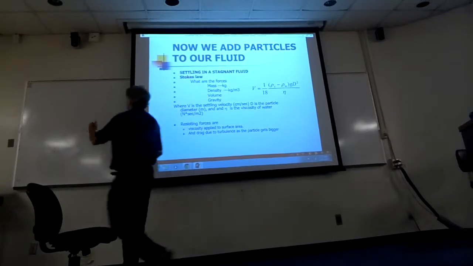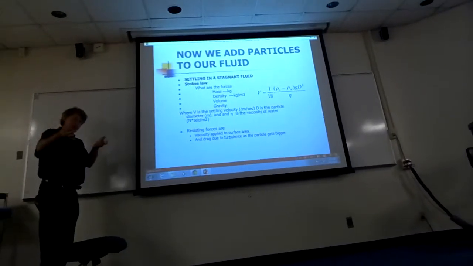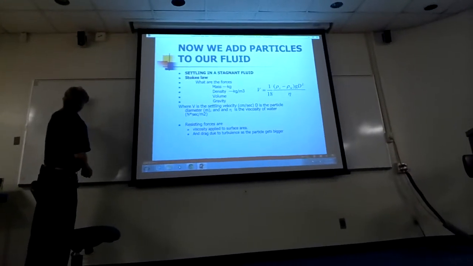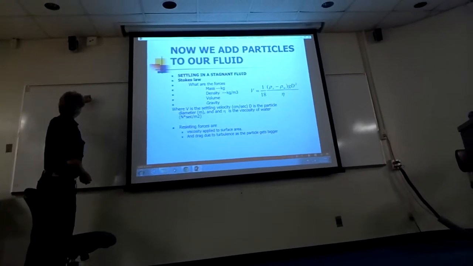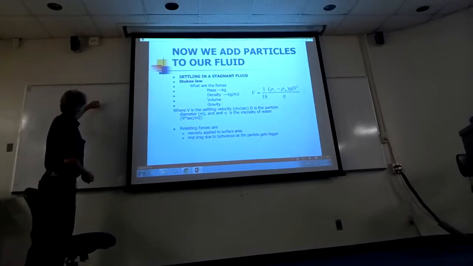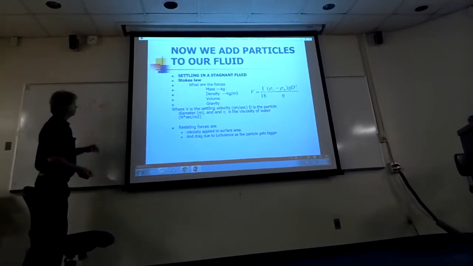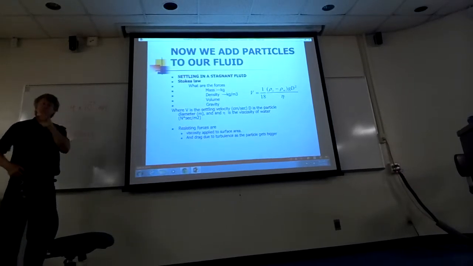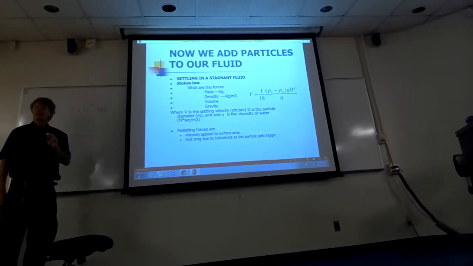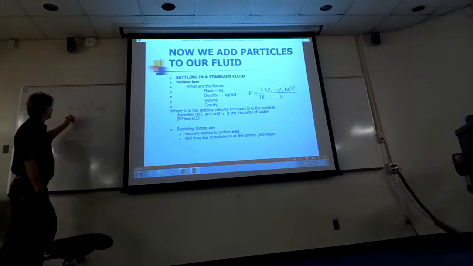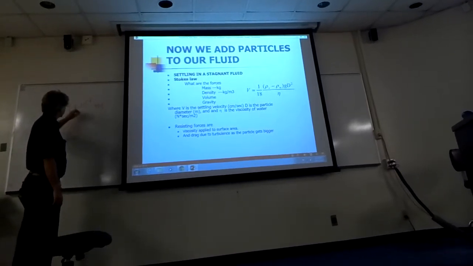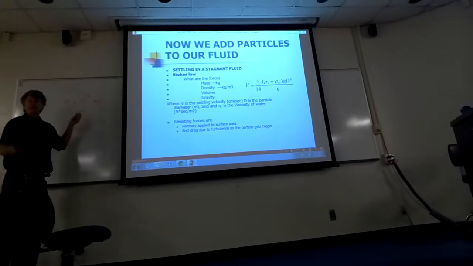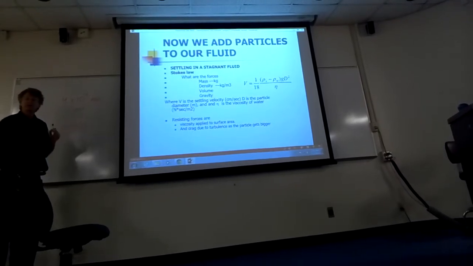I'm going to assume that's the right answer because I can't calculate it. 4 times 10 to the minus 6 meters per second. So how many millimeters per second is that? 4 times 10 to the negative 9? So 0.004, right? 10 to the minus third millimeters per second.